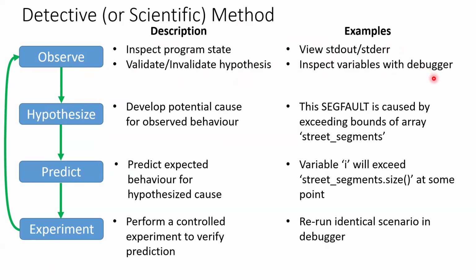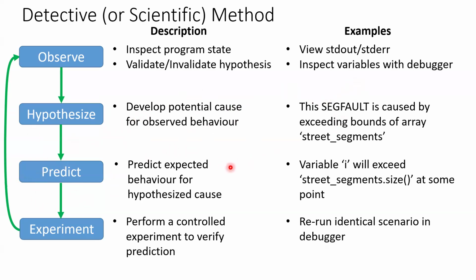But as the first step, you're looking at the std out and the std error. Hypothesis: make an educated guess about what could be the cause for the observed behavior. Like if you're seeing a seg fault, then probably something is trying to access some memory that is not valid.